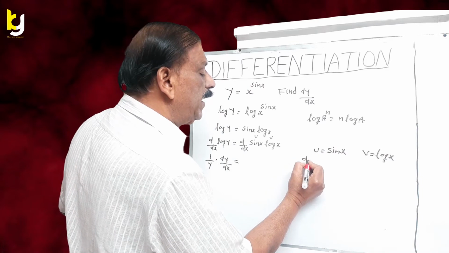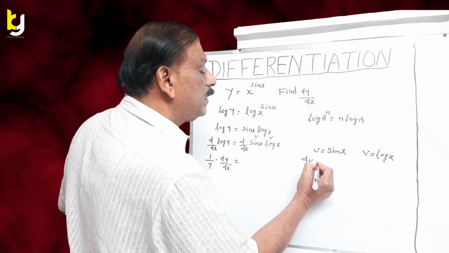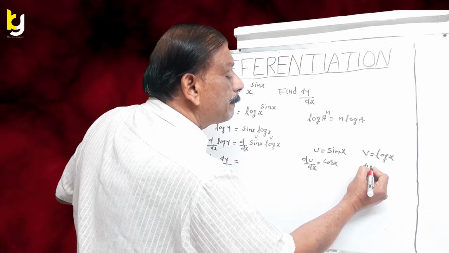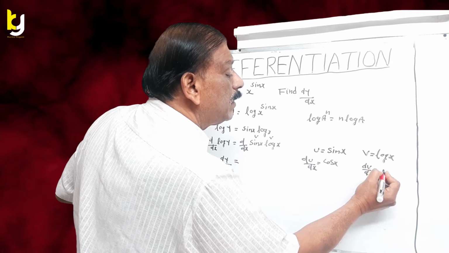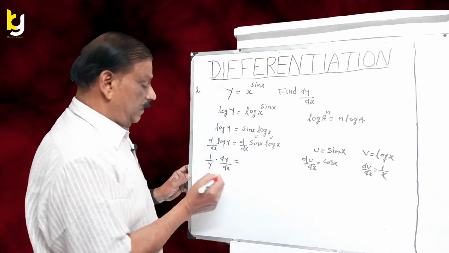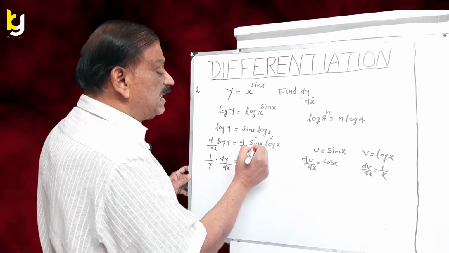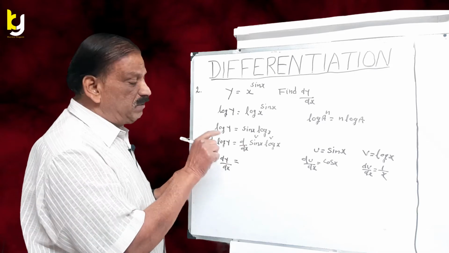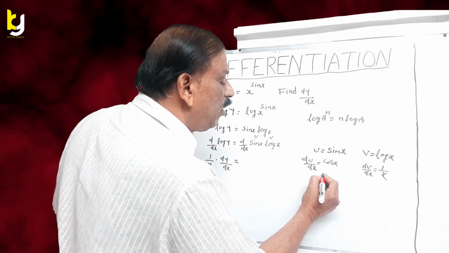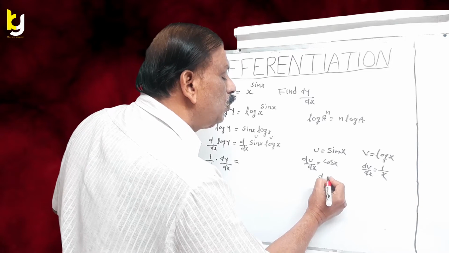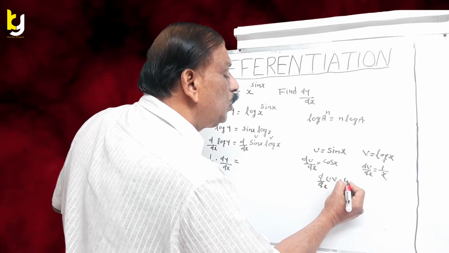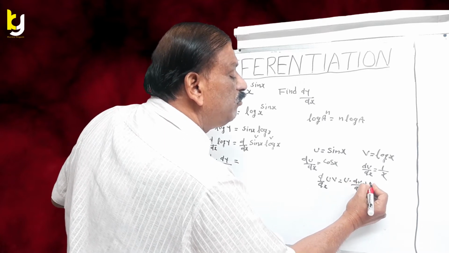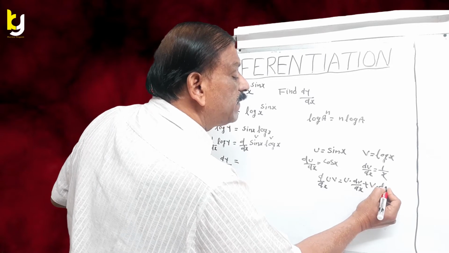Therefore, du by dx equal to cos x, dv by dx equal to 1 by x. Therefore, d by dx of sin x log x: the product rule of differentiation we must apply. That is d by dx of uv equal to u into dv by dx plus v into du by dx.